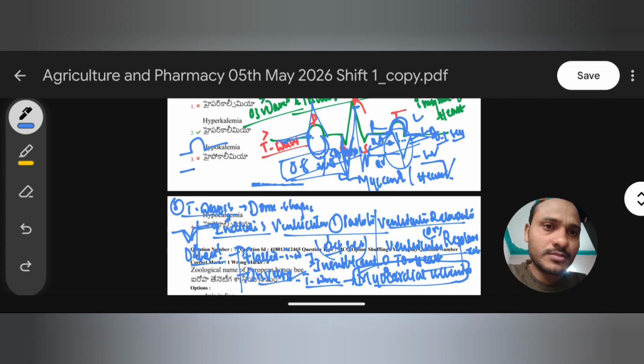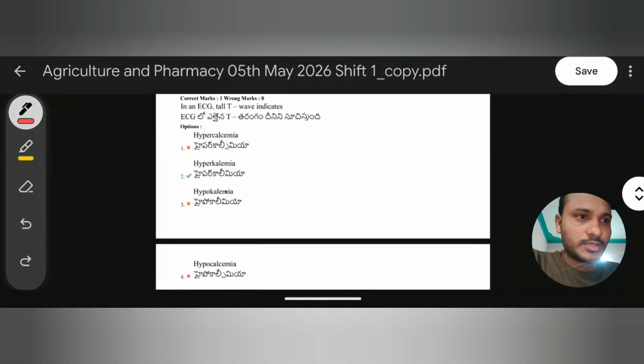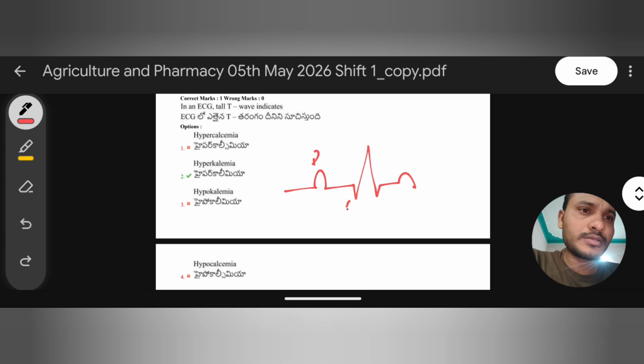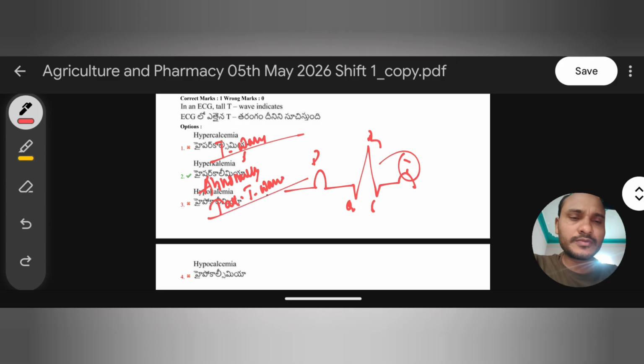If it is abnormally tall like this, abnormally tall T waves. So finally, P wave and Q R S and T wave, P Q R S T. We are discussing the T wave now. Here an abnormally tall T wave indicates something very important.